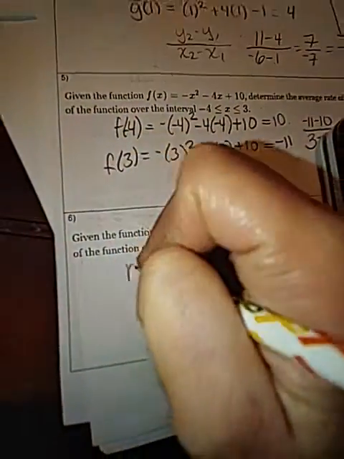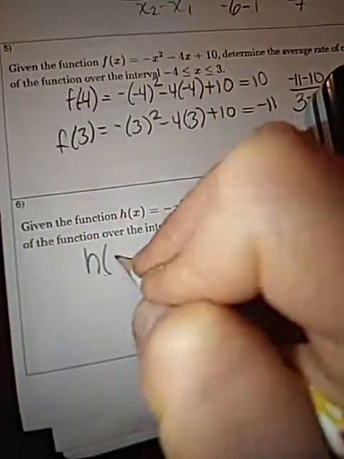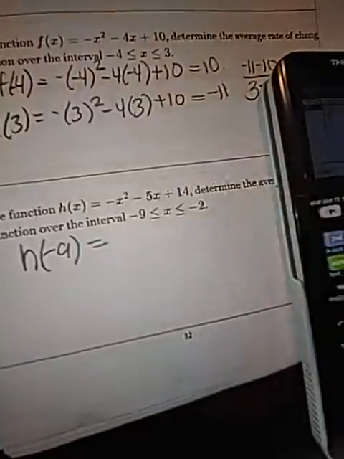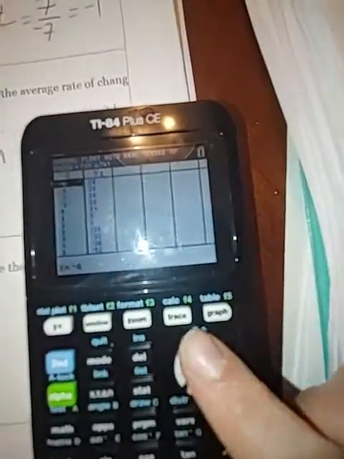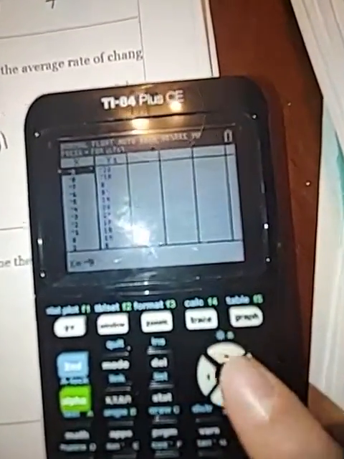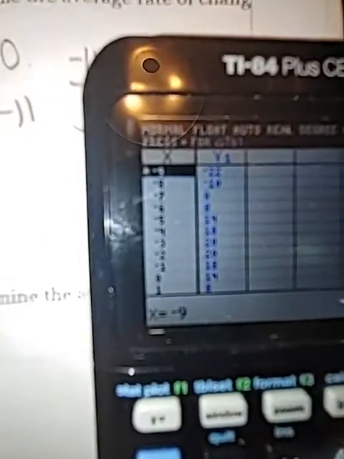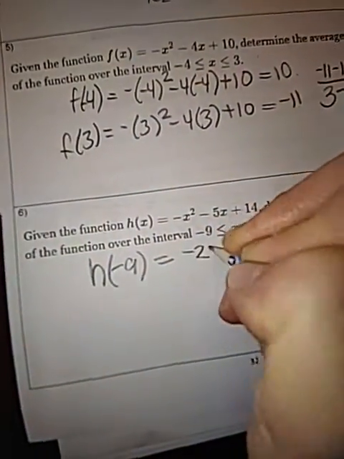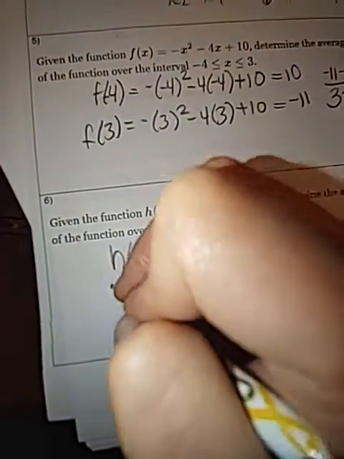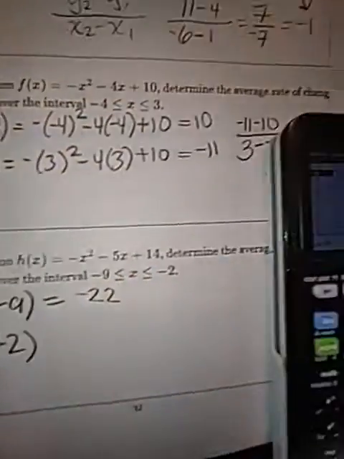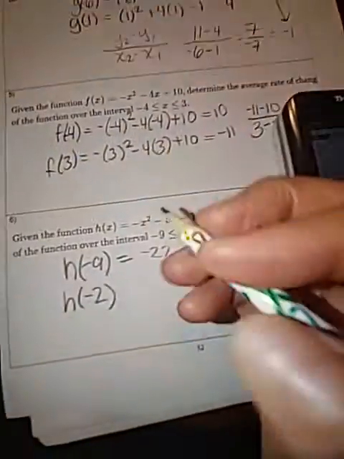All right, so when I plug in negative 9 gives me negative 22. And when I plug in negative 2, being a little lazy here, negative 2 gets me 20.